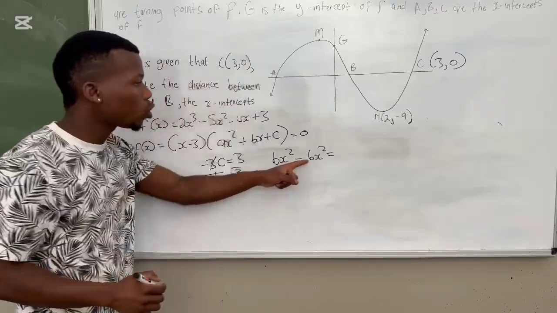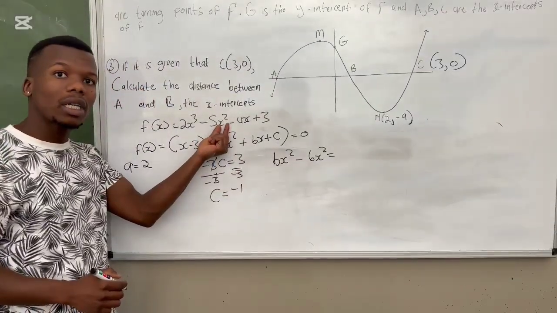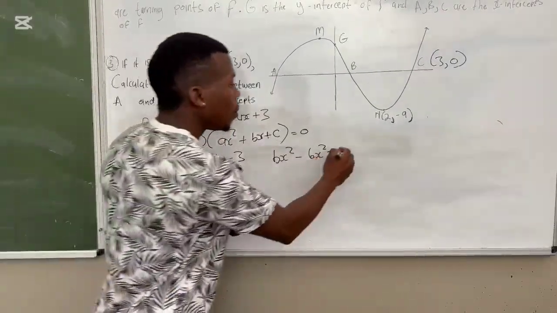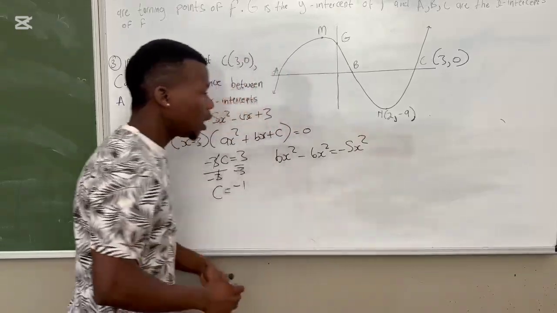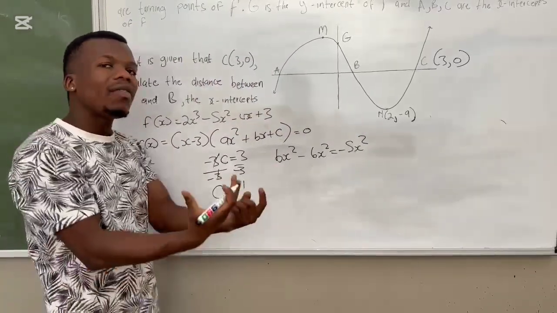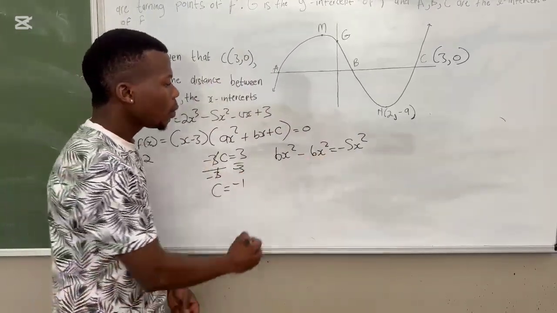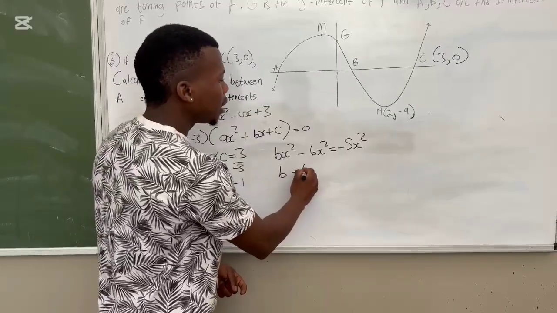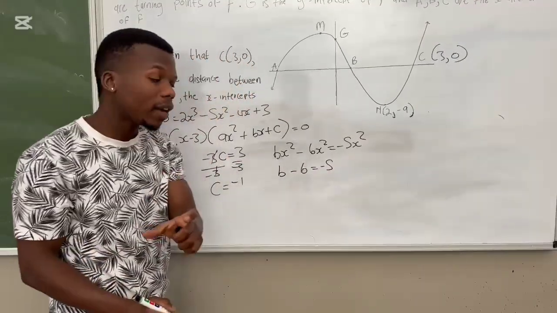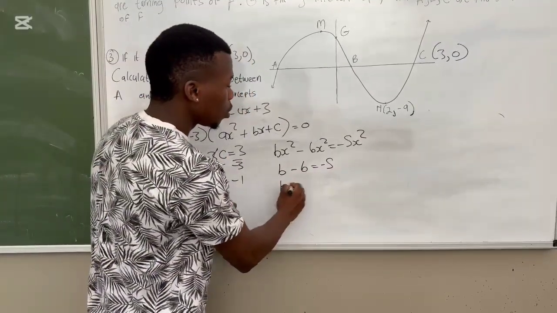This must be equal to the component associated with x squared, which will be minus 5x squared. In other words, if I divide both sides by x squared, I will have b minus 6 is equal to minus 5. Meaning the value of b is equal to what?